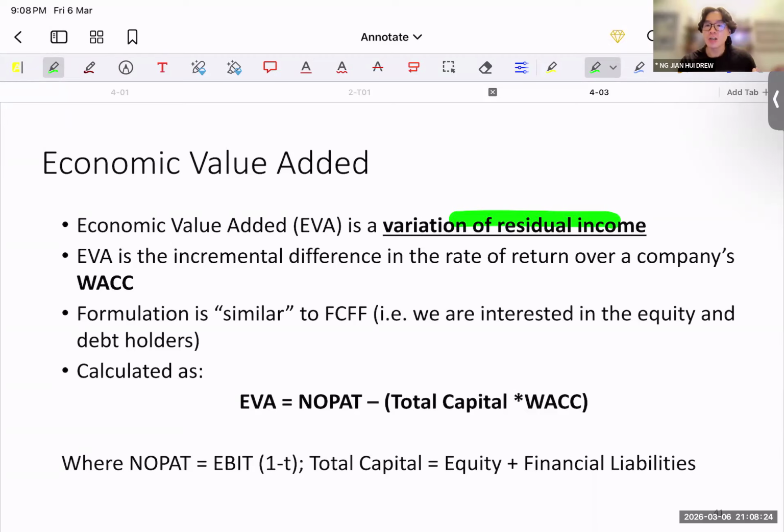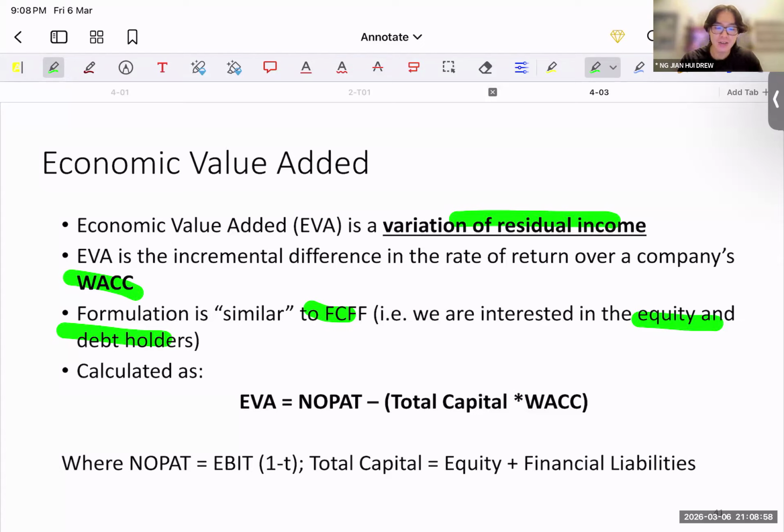The residual income model is like your FCFE, while your economic value added is like your FCFF, because we are interested in both the equity and the debt holders. So we are going to use the WACC for our discounting, similar to our FCFF. At the same time, in terms of formulation, our economic value added is very similar to our residual income model.